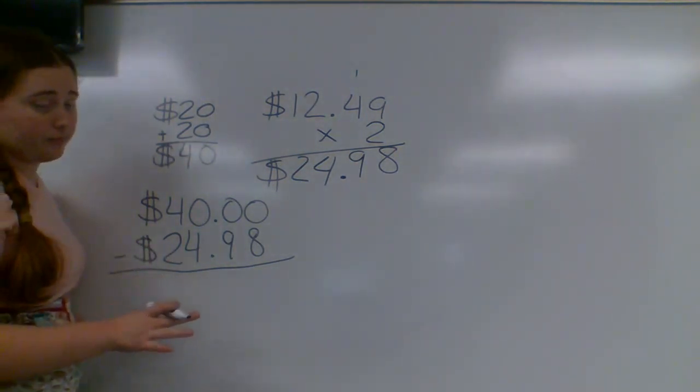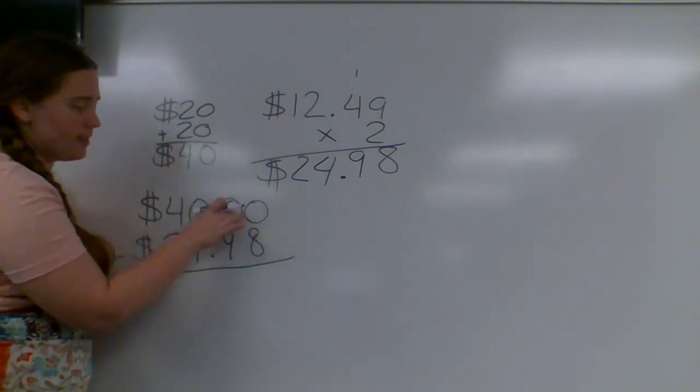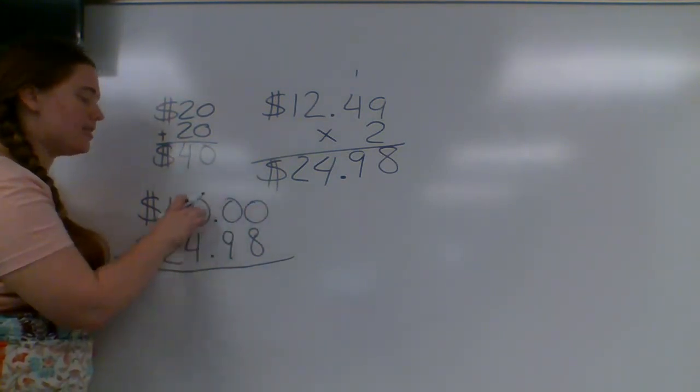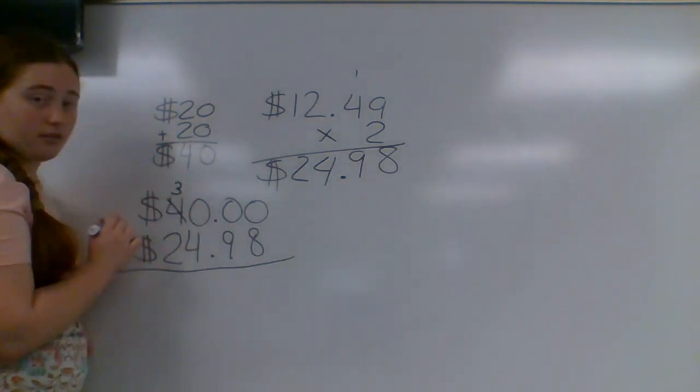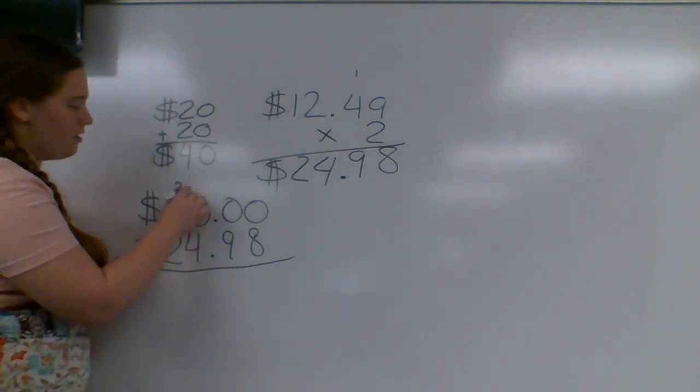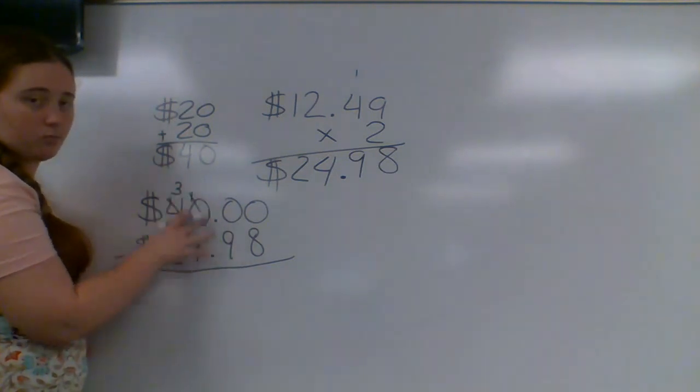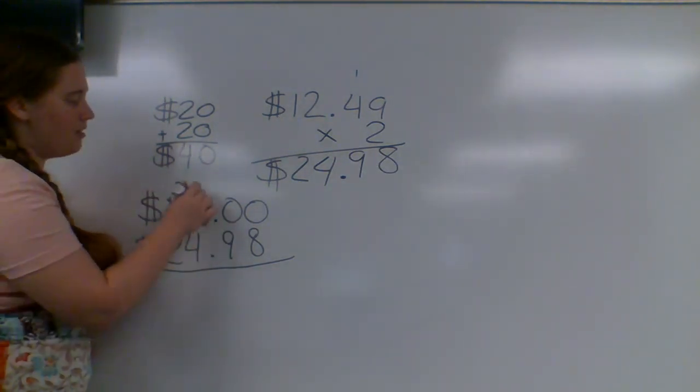Now I already can tell I'm going to need to borrow. So 0 is going to have to borrow from this 0, but it can't, so it's going to borrow from this 0, but it can't, so it's going to borrow from this 4. 4 is going to become 3. This 1 is going to go in front of the 0, make it a 10. Going to cross it out.